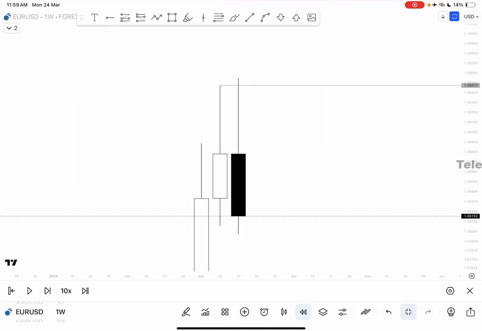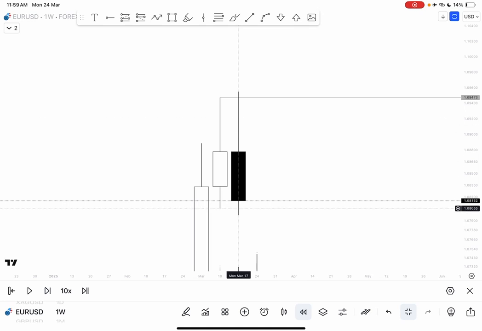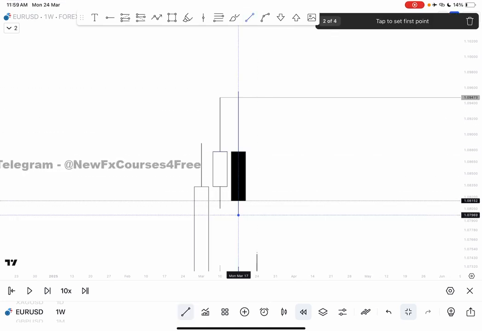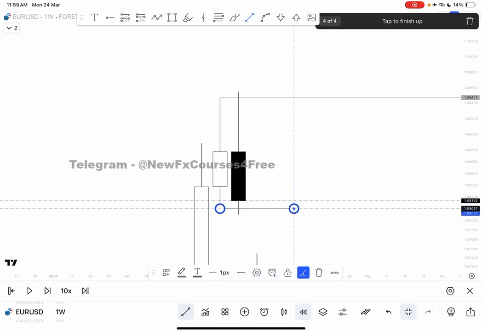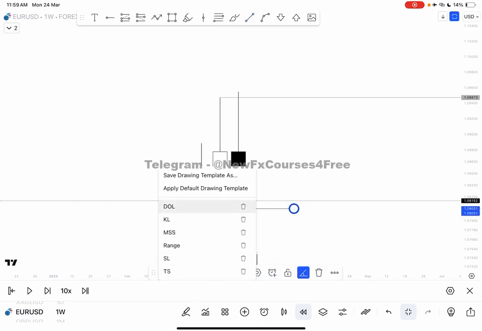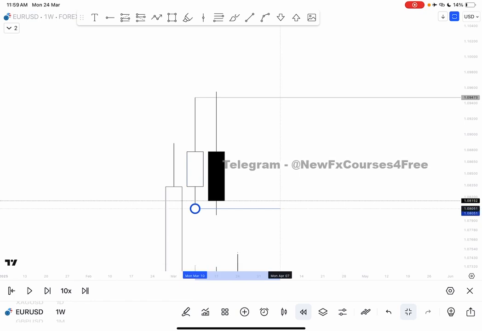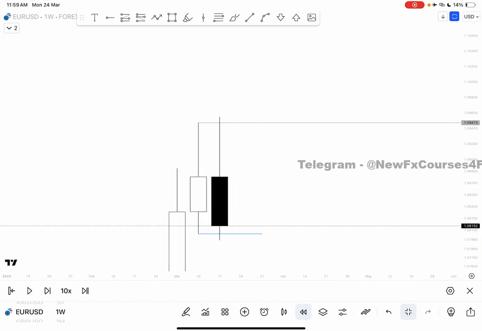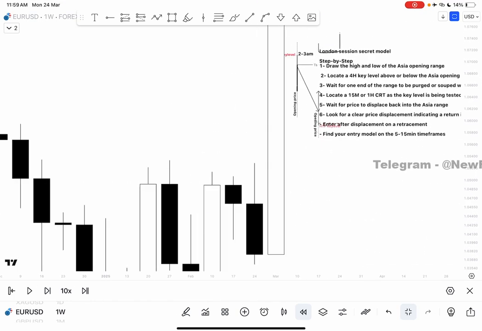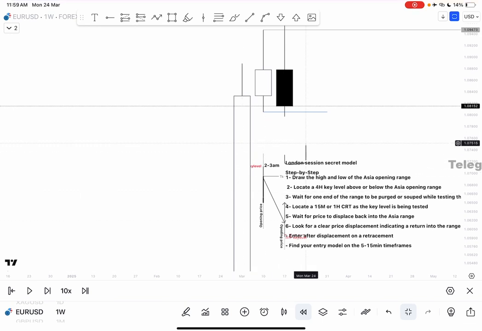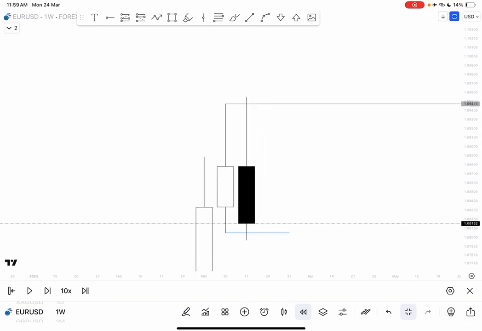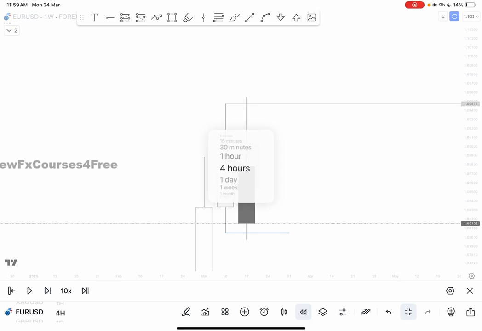This was previous week high. So the market expanded towards previous week high and displaced to your previous week low and your fair value gap or liquidity void, what have you.